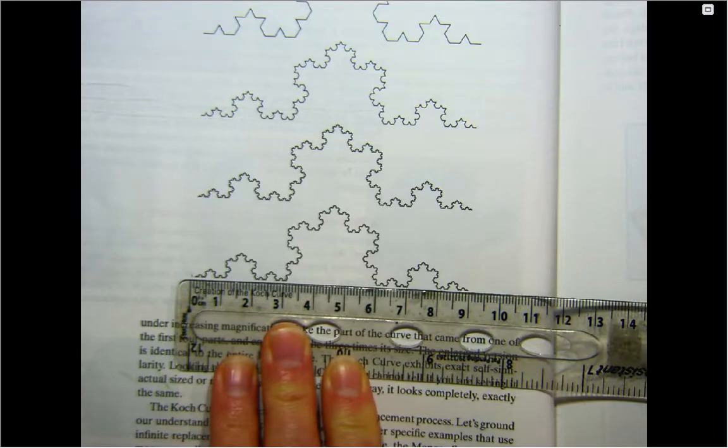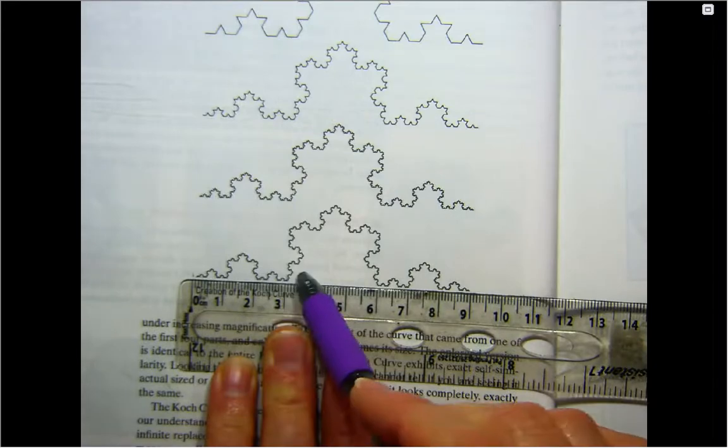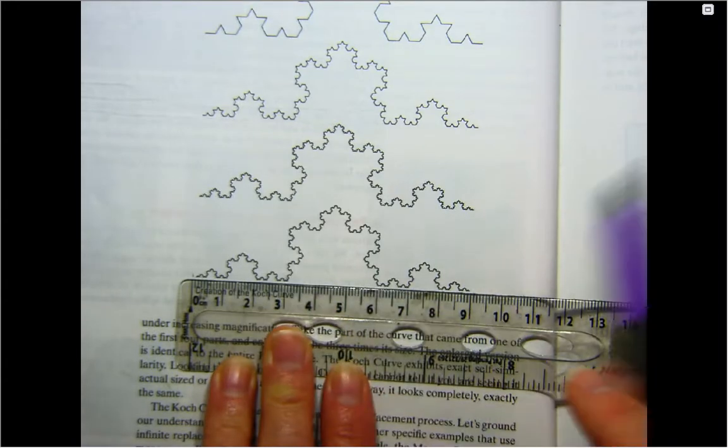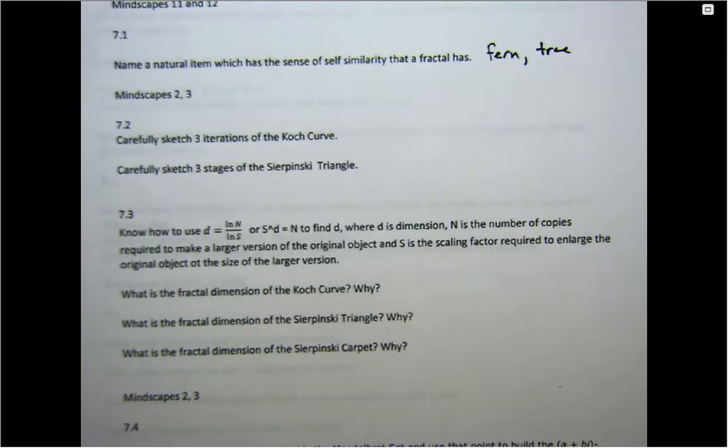How many times bigger? It'd just be 3 times bigger. Yeah, 3 times bigger. So you just plug that into your equation. Exactly. So the scaling factor is 3 times as long, and the number of copies is 4. So you fill that into the equation.